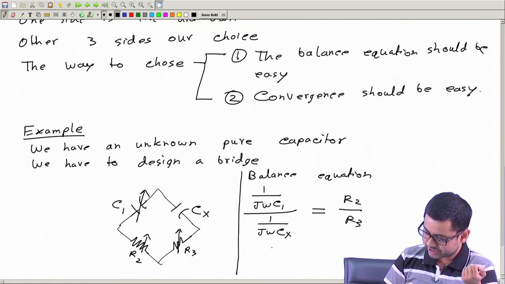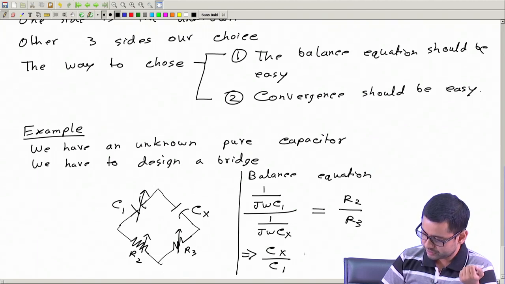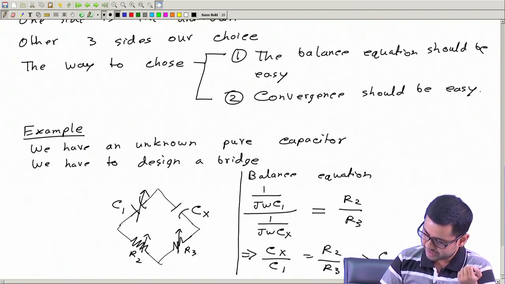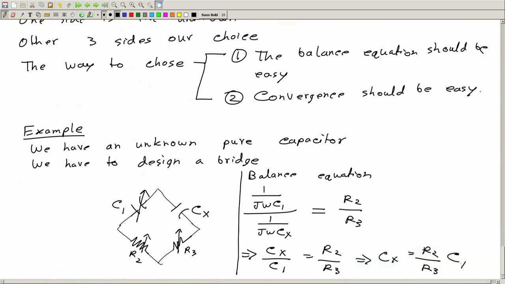From this, the j omega cancels, Cx goes up, C1 down, same as R2 by R3, which implies Cx is the same as R2 by R3 times C1. So simple, just one real equation, no imaginary part.